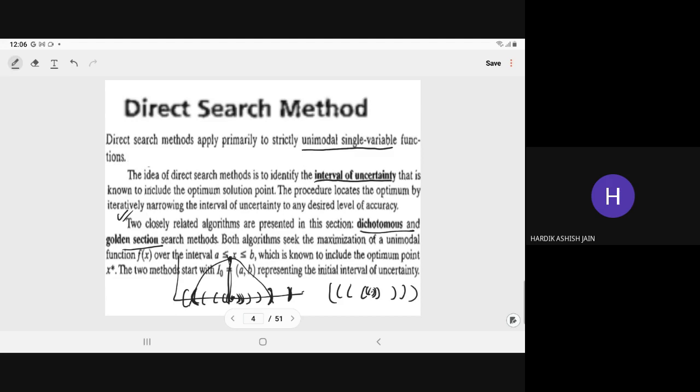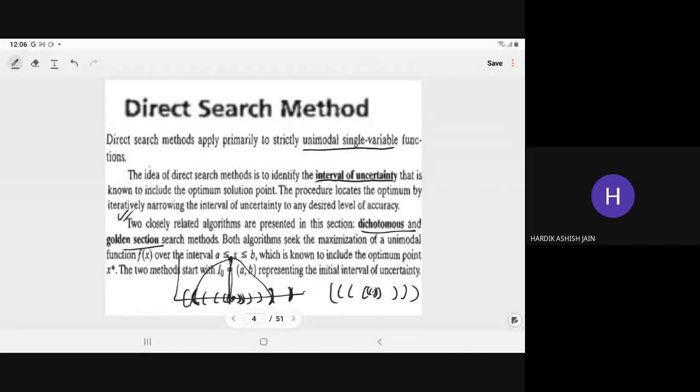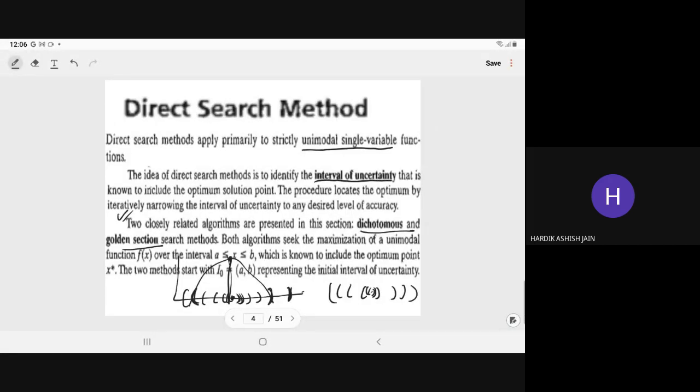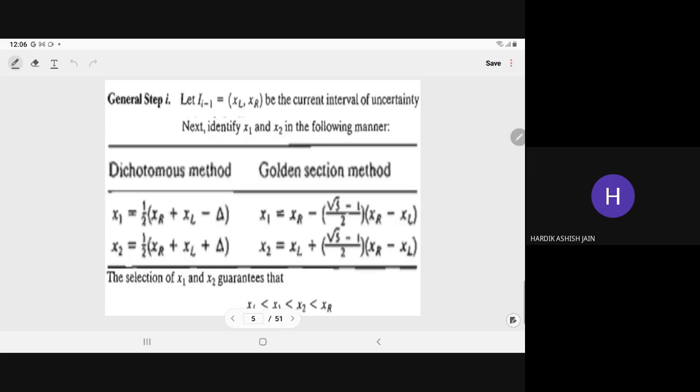Both methods start with the initial interval (a, b) representing the initial interval of uncertainty. So that is the direct search method, with the dichotomous method and the golden section method.